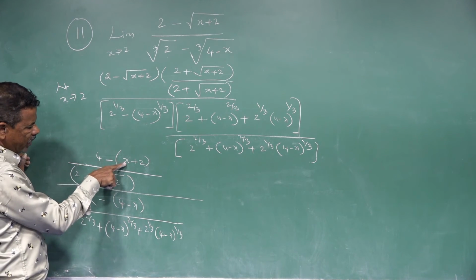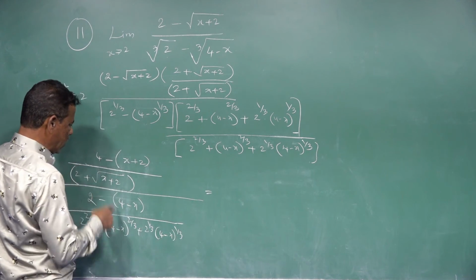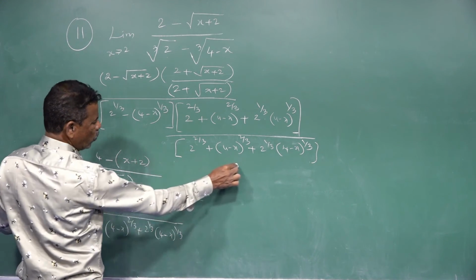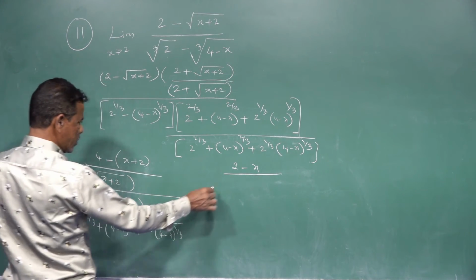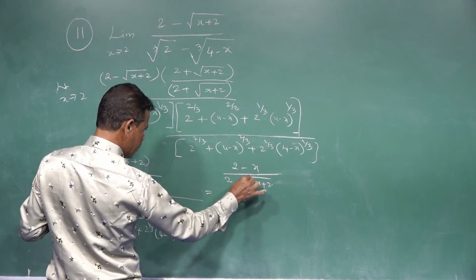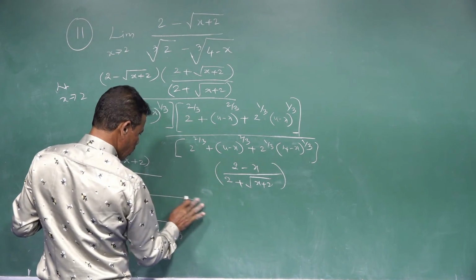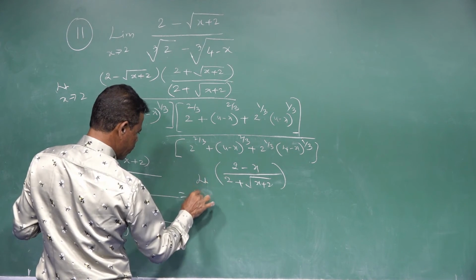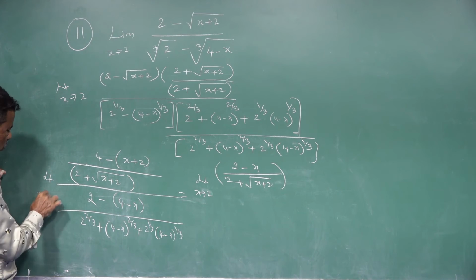Here 4 minus x and minus 2, this is finally written as 4 minus 2, 2 minus x. The denominator is as it is, 2 plus root of x plus 2. This is over. The limit x tends to 2 is as it is.